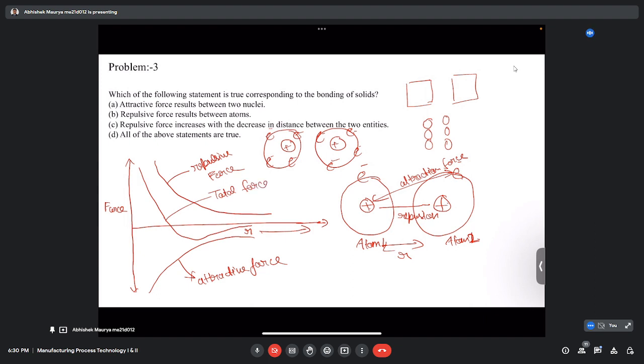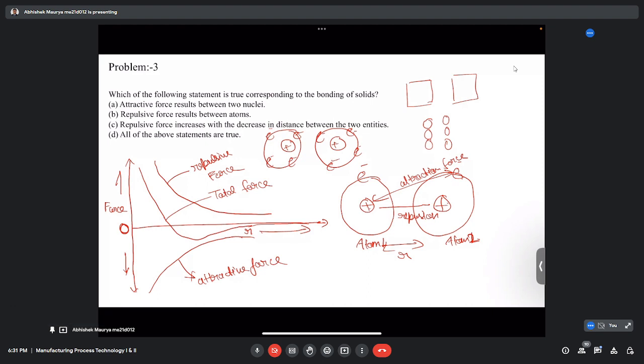So when these atoms are far apart, let's say r is very high, then what will happen? If they are far apart, we will see the net force will reach zero. Here we have negative forces, and here we have positive forces.